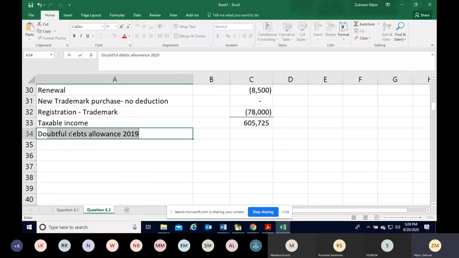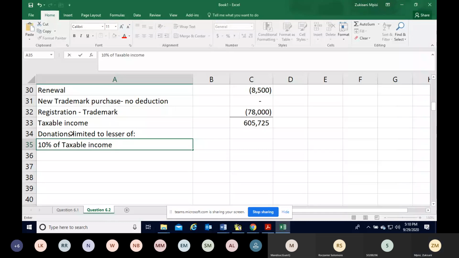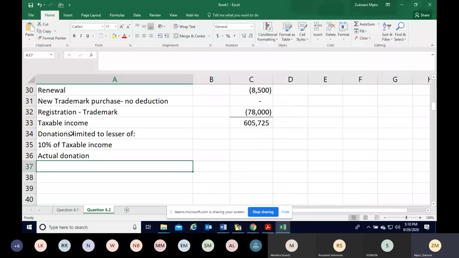So we've got a donation. The donation is limited to the lesser of two options: 10% of taxable income, or you deduct the whole donation.